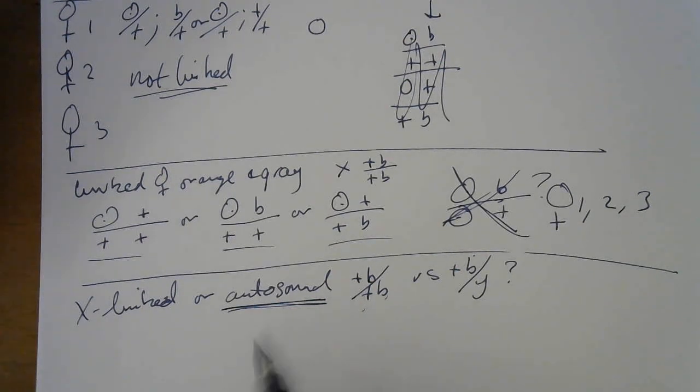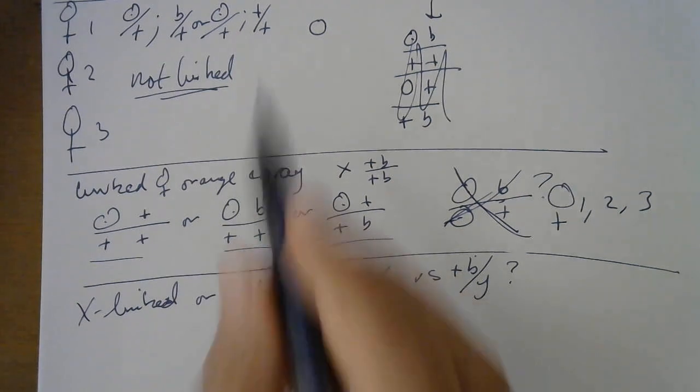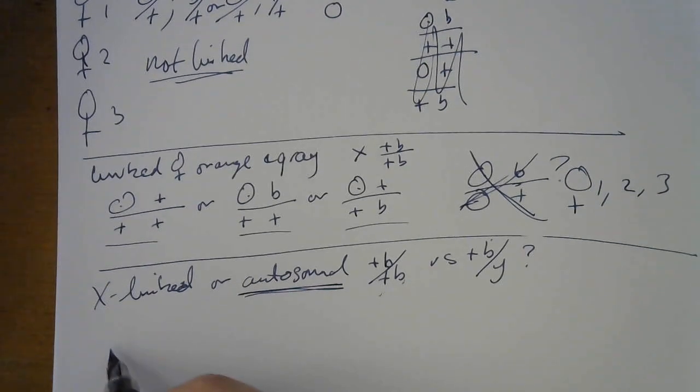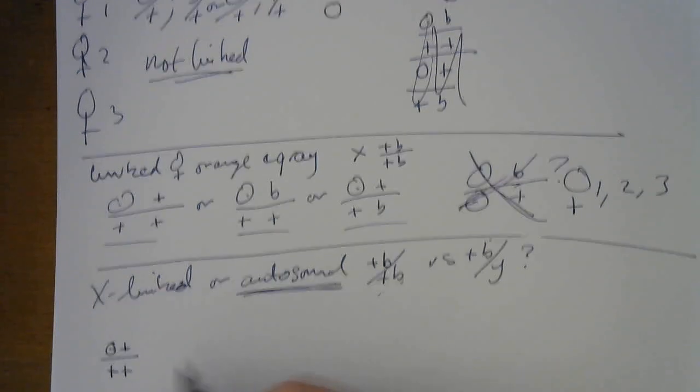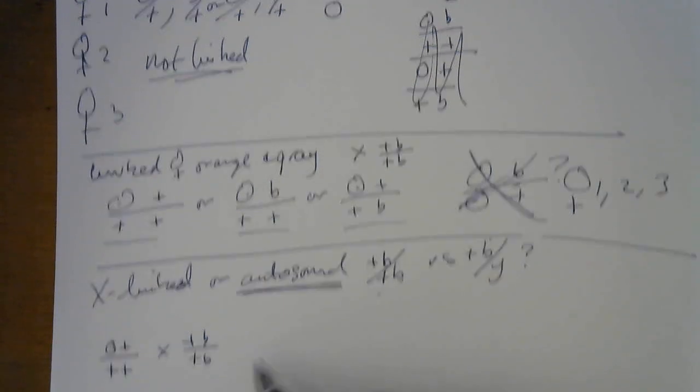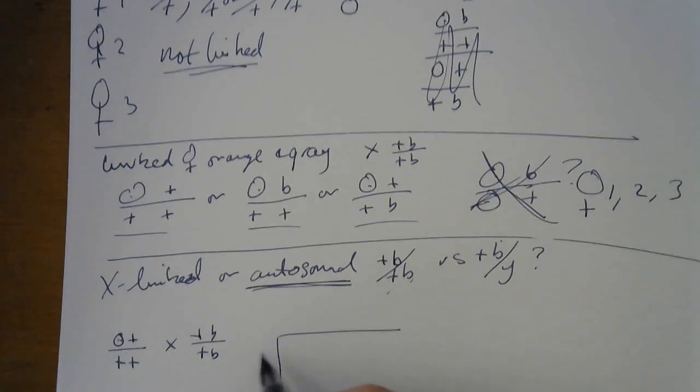Okay, so the question then is, which female is which? So let's consider the possibilities. So if one female is this, and she's going to be crossed with the male who is this, then let's work out what the possibilities are.